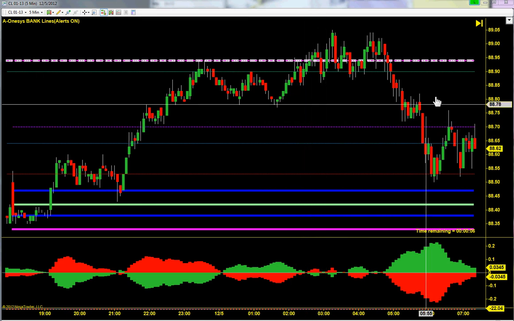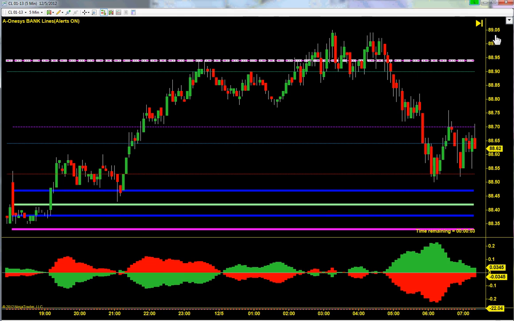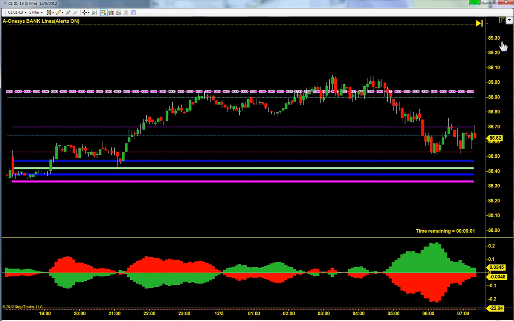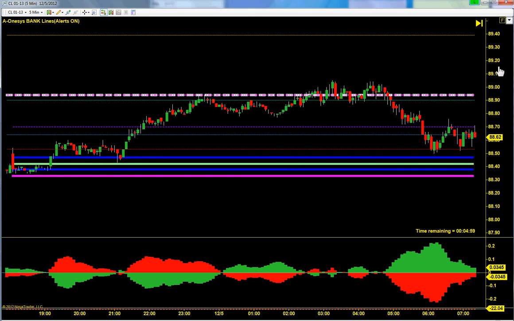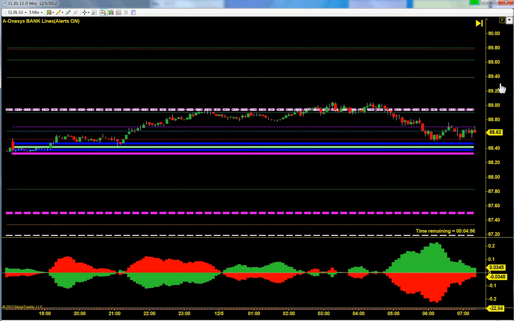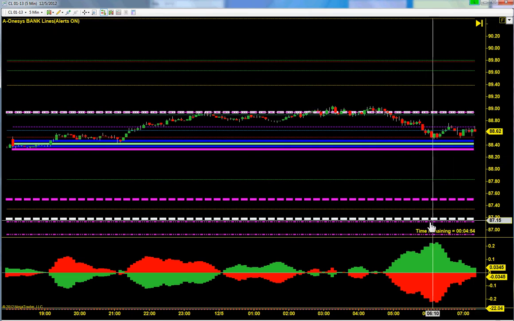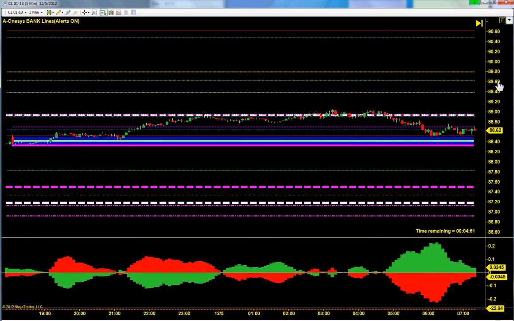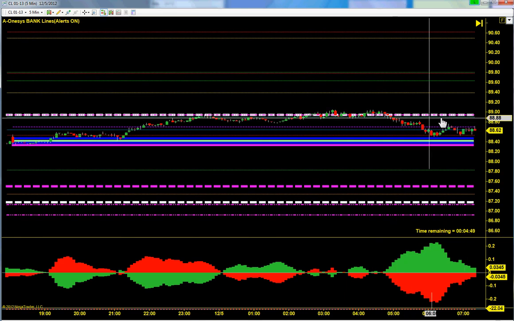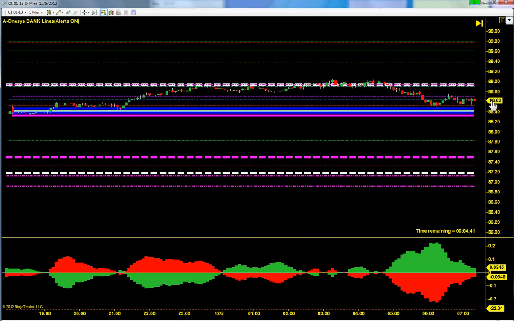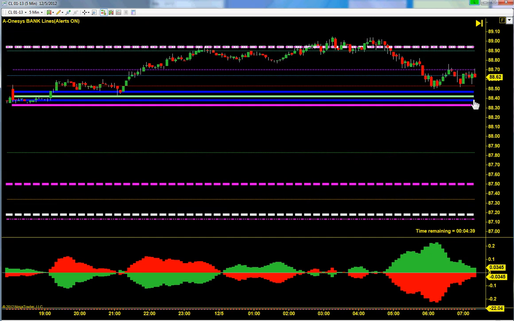And let's see where the other dotted big bank lines are. Now down here. Now the market can do two things. Let's talk about that. It's between these big bank lines and this big bank line, and there are a couple of small bank lines between that.